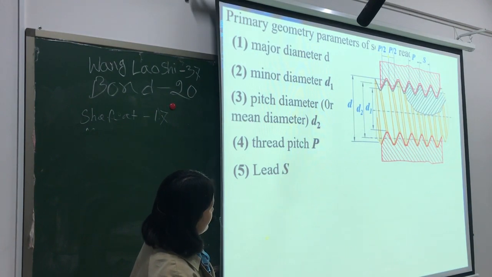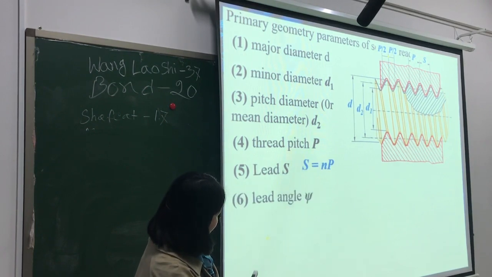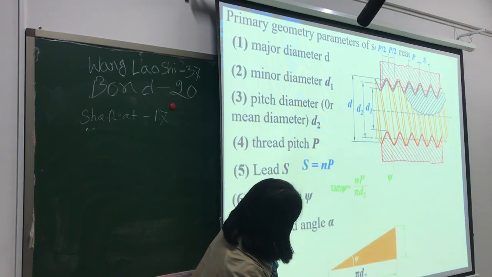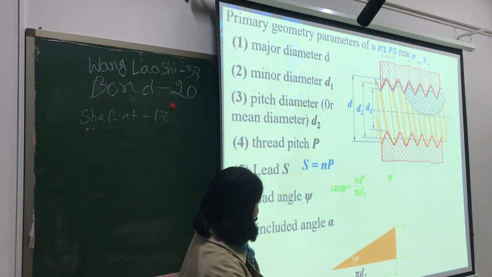For a single thread, N equals 1, P equals S. And the lead angle psi is the angle between the perpendicular of the axis and the tangent of the thread, and the value of psi can be calculated using this expression.